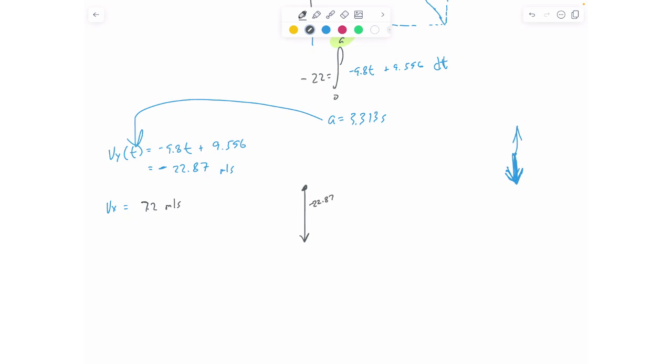And then the velocity in x is a positive 7.2, which looks like this. So we're going to go from here to here. We're just adding these together. We're going to take the vertical component of velocity, and this is the horizontal component. We're just going to add them, tip to tail, like this.